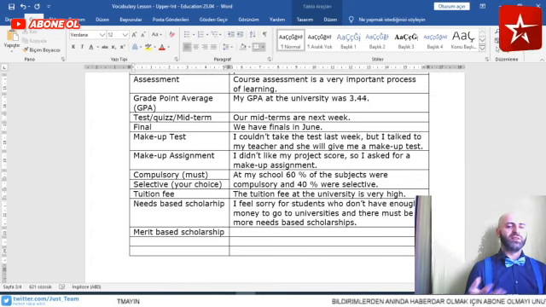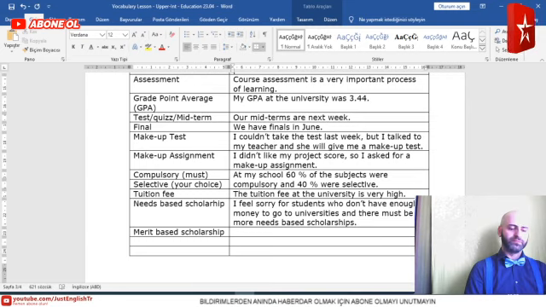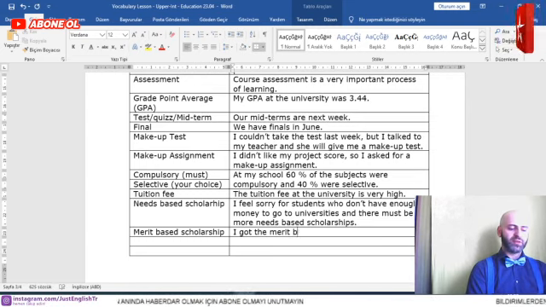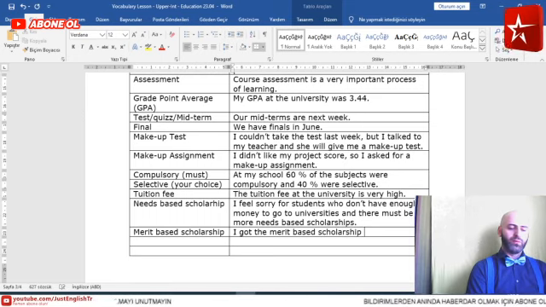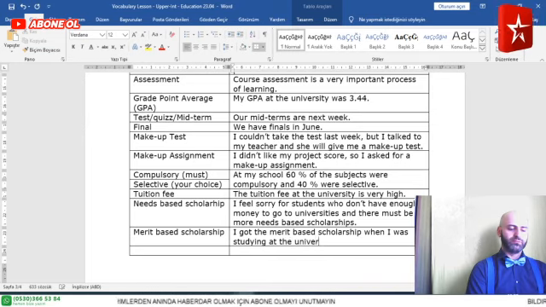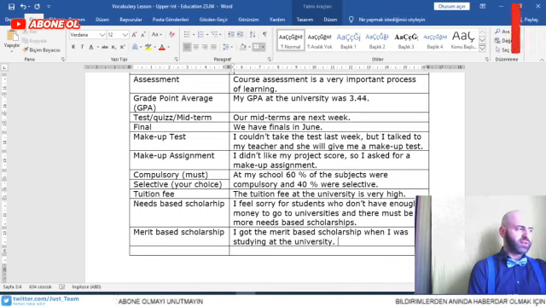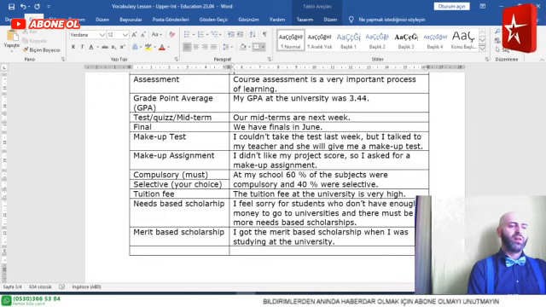So the university gives you a scholarship for being a very good student. I got the merit-based scholarship when I was studying at the university. Okay, you understand the difference between two types of scholarships, I think.